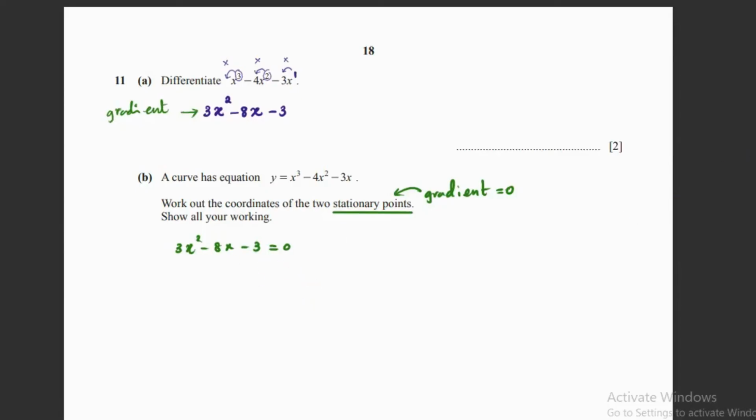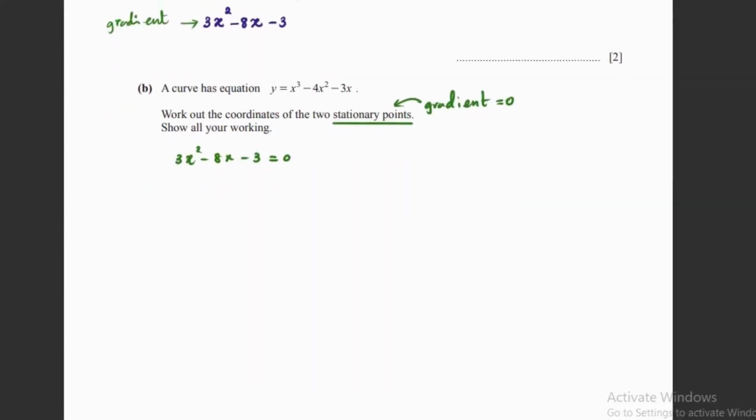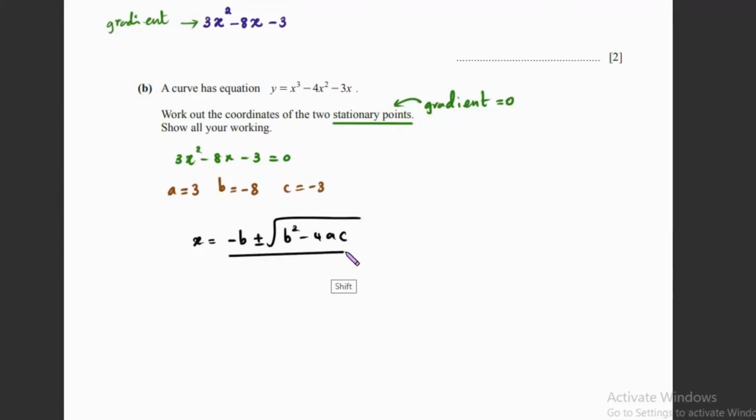We need to solve this to find what a, b, and c is. I'm going to make use of the formula method to solve this. So in this case, the value of a is 3. The value of b is -8. C is this -3. And I'm going to substitute this into the quadratic formula, which is minus b plus or minus the square root of b squared minus 4ac over 2a. I'm going to substitute the values here.